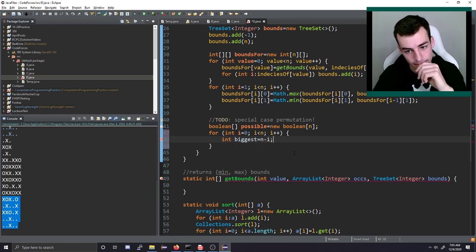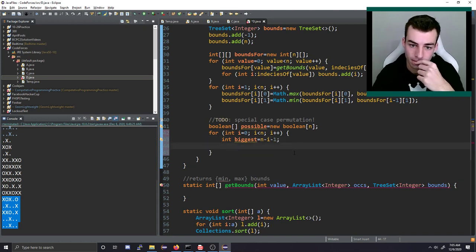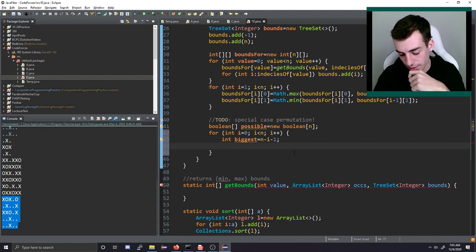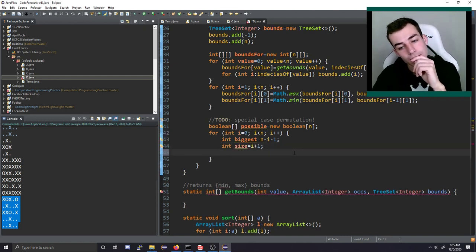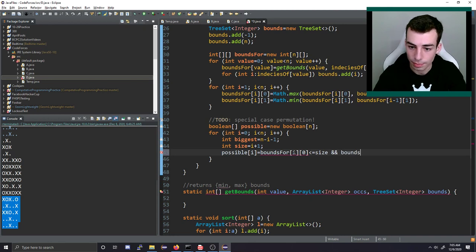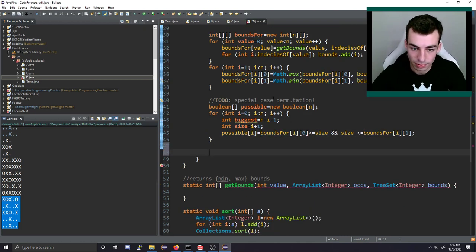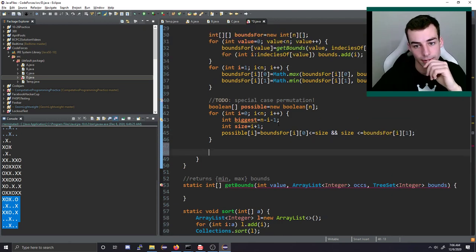N minus i, -1. This is what we're looking at. Size will be i plus 1. Possible at i equals bounds for i 0 less than or equal to size, and size less than or equal to bounds for i 1. Okay. And then for 0, we need the permutation part.